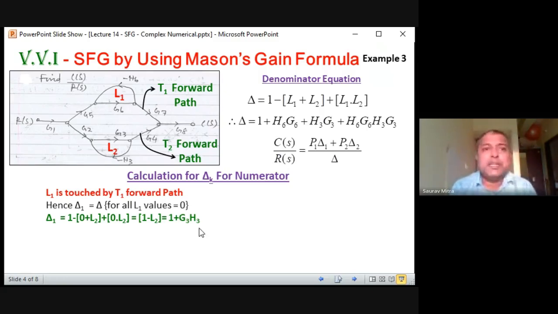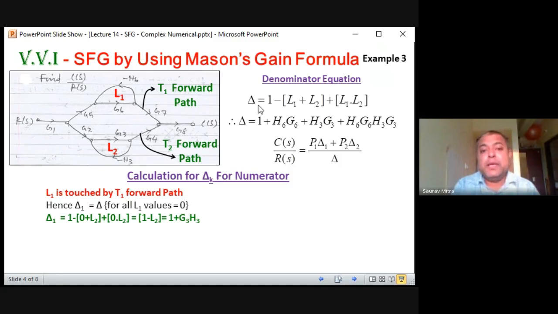Step 6 is most important, and that is where the students make most of the mistakes, but there is nothing difficult. You have to find delta 1 for the T1 forward path. Whichever loops the forward path is touching, all those loops have to be made equal to 0. In this case T1 is touching the loop L1.